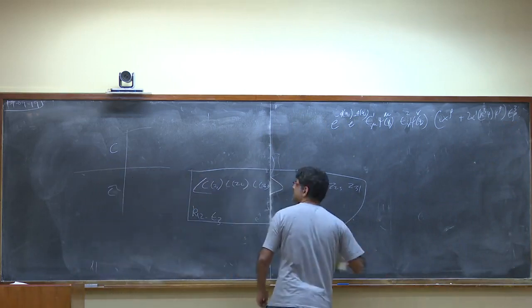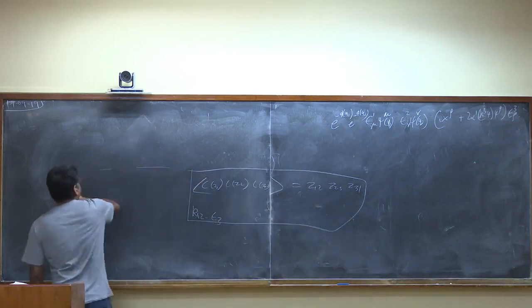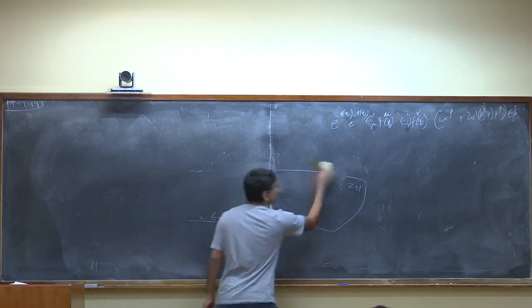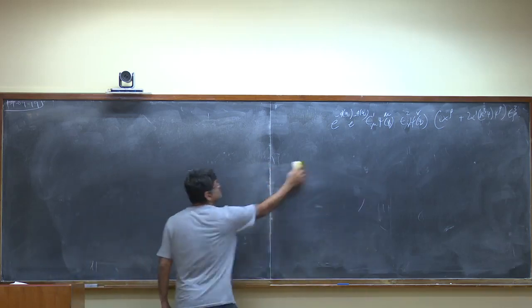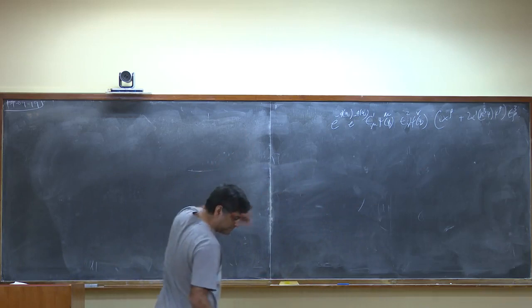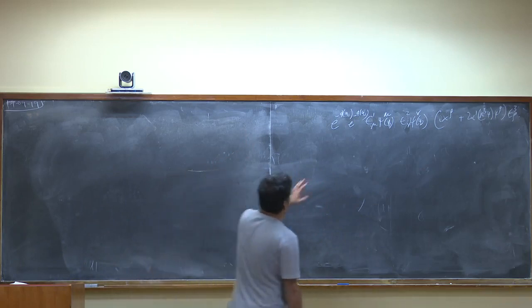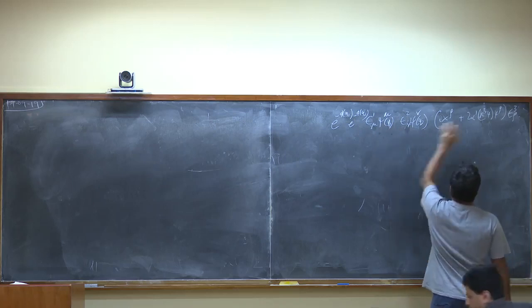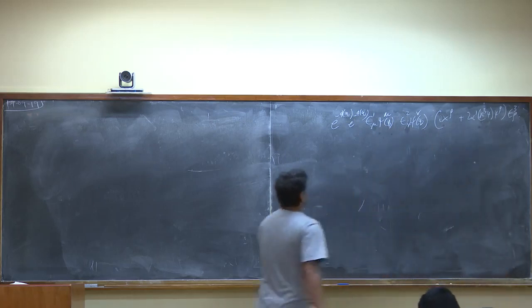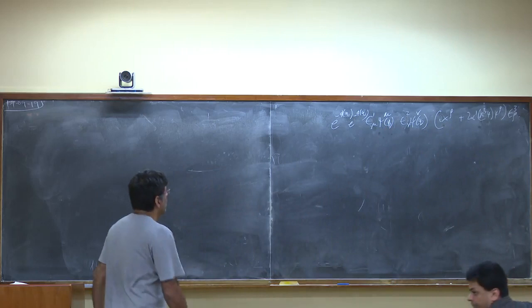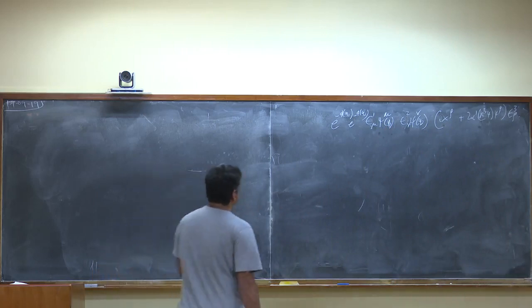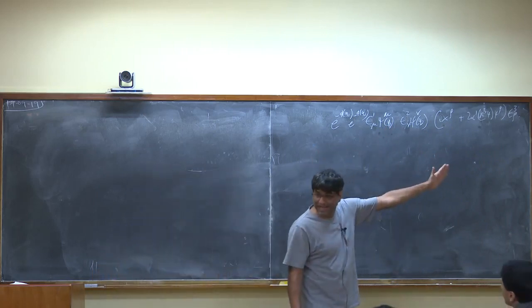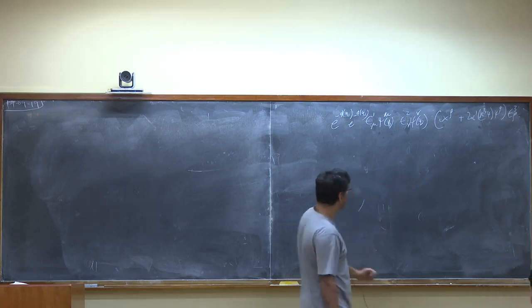Okay, so let's work this out. There are two terms. There's this with this, and there's this with this. And there are also the e to the power ikx's, which I have not written, but of course are there.